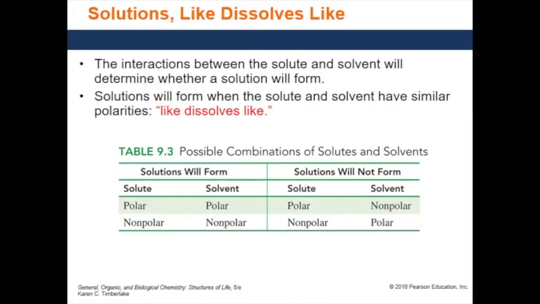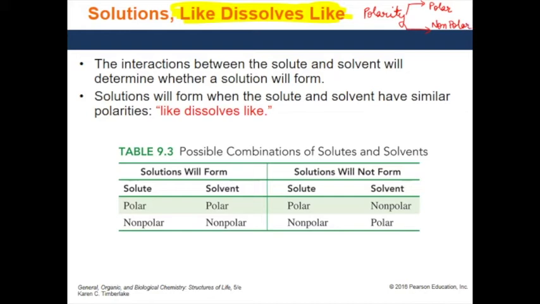Okay. One very common rule of thumb in terms of solutions is that like dissolves like. Like dissolves like, meaning something interacts with something similar to it. Here, when we say like, we are specifically talking about polarity, a property of a molecule. When we talk about polarity, we can classify compounds as either polar or non-polar.